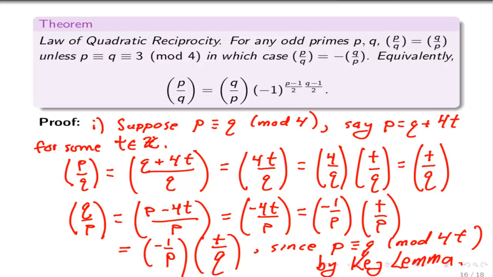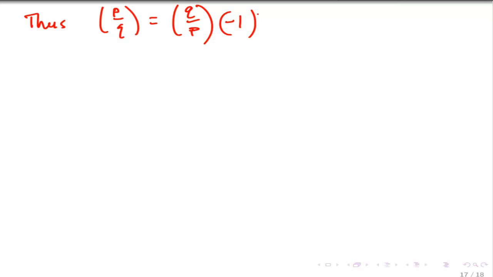So, what did we just prove? So T over Q is T over P. So this part right here becomes P over Q, and we see that P over Q is Q over P times this negative 1.